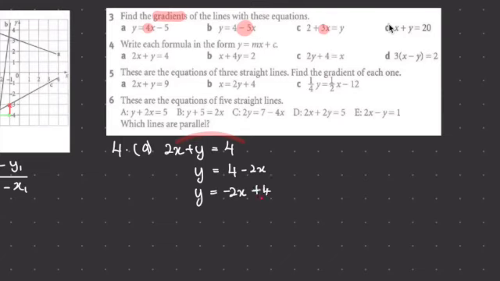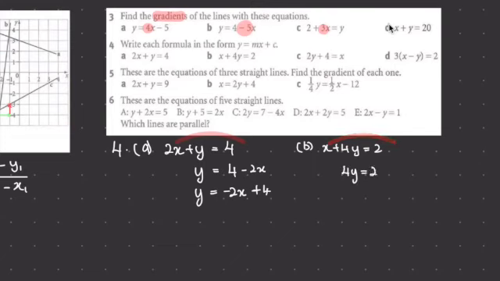Get B. x plus 4y equals to 2. Then you feel like, oh, now I need to do 2 steps. Not a problem. Move everything first before doing anything to your y. 4y is equal to 2 minus x.